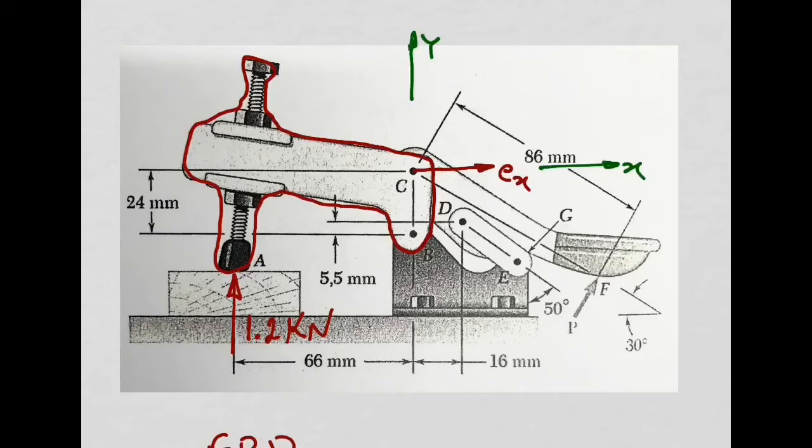We can use the same way of thinking if I try to move point C in the vertical direction. That hinge will not allow that movement, right? So if it does not allow, I also need to include a reaction in that direction, Cy. What about rotation? If I want to rotate this part about hinge C, is that rotation allowed or not?